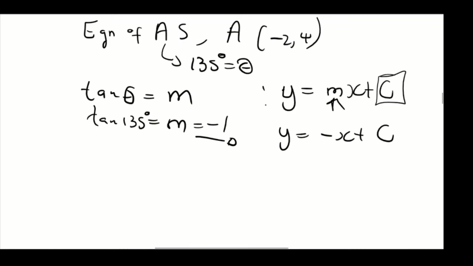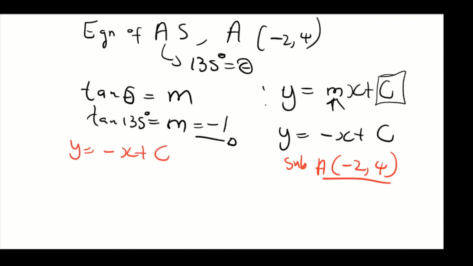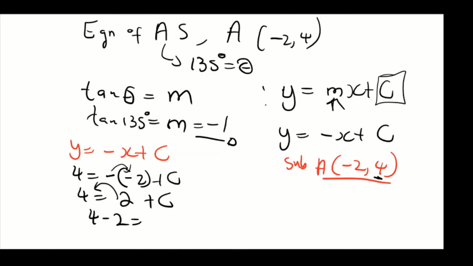And then you're going to substitute point A of -2 and 4, right? So meaning you have y is equal to minus x plus c, and substituting these points here, where there's y, put 4, so it's going to be 4 is equal to, where there's x, we put -2, so it's minus into -2, plus c. 4 is equal to negative multiplied by negative gives you +2, plus c, transpose the 2 to the other side, you have 4 minus 2 equals c. 4 minus 2 is 2, so c is equal to 2.